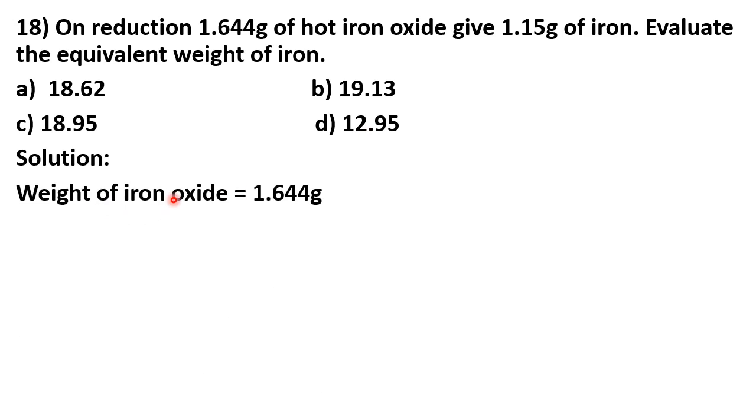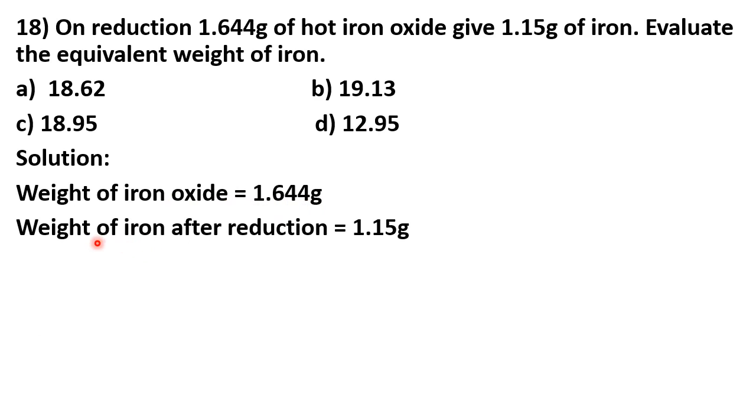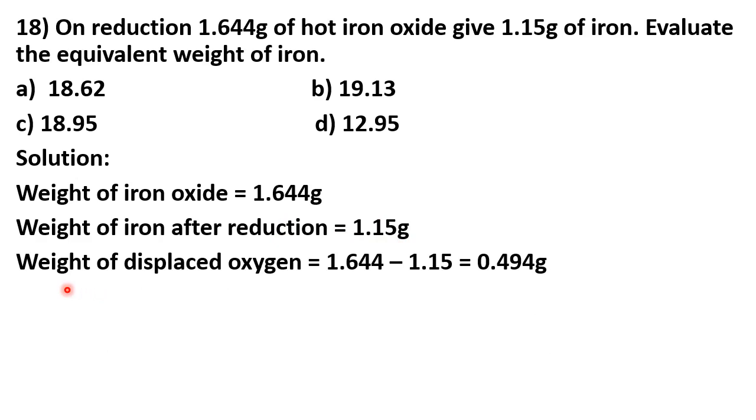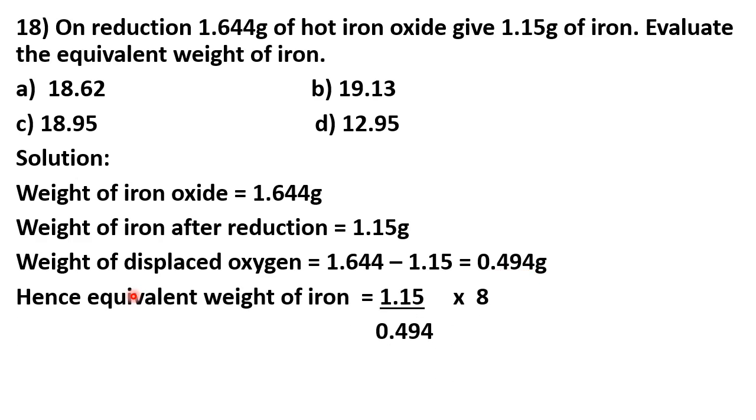The weight of iron oxide is given, that is 1.644 gram. The weight of iron after reduction is given, that is 1.15 gram. Therefore the weight of displaced oxygen can be calculated by subtracting the weight of iron after reduction from the weight of iron oxide, that is 1.644 minus 1.15. 0.494 is the weight of displaced oxygen.